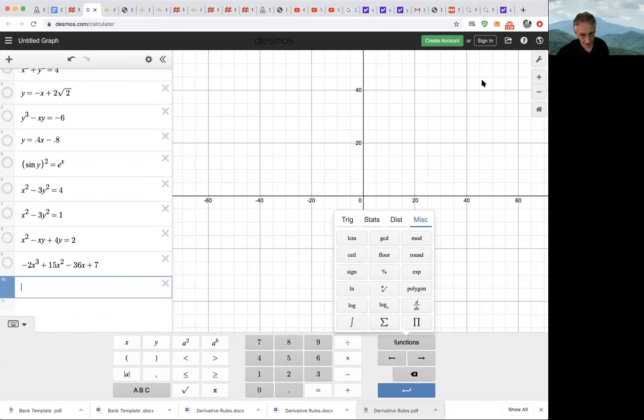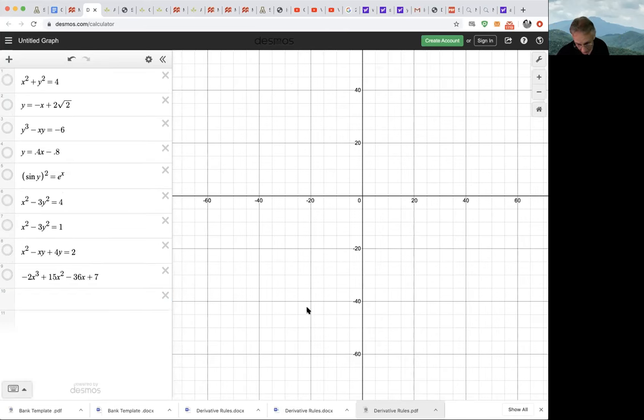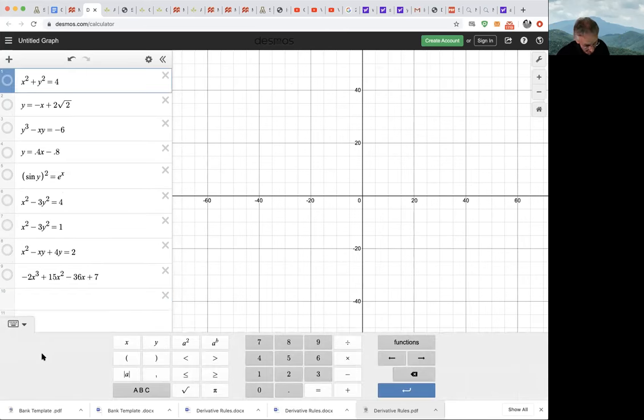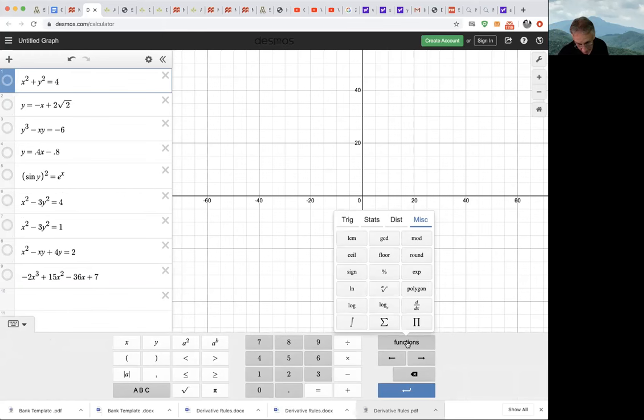Okay, so here is the circumstance. I've got a bunch of formulas above, pardon. What we're going to do right now is get the keyboard up, and then go to functions. Notice you've got all the different things, and at the bottom you've got an integral symbol.